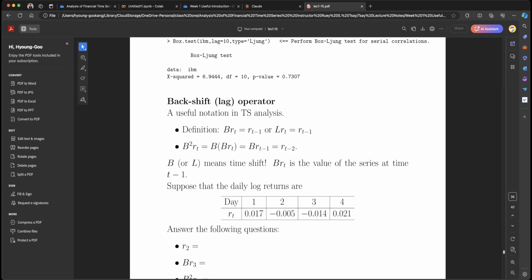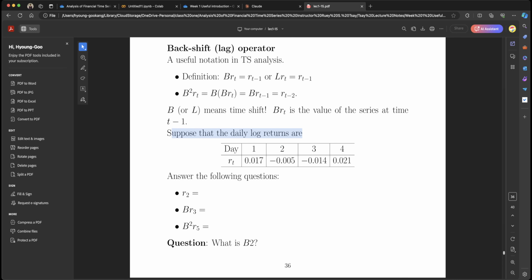Usually I use the lag operator L, but here we use B. Anyway, B means the shift. B r_t is the value of the series at time t minus 1. Suppose the daily log return is like this, then to answer the following question: what is r_t? r_2, B r_3, if you take B r_4, it should become r_3. They should all generally be the same answer, right?